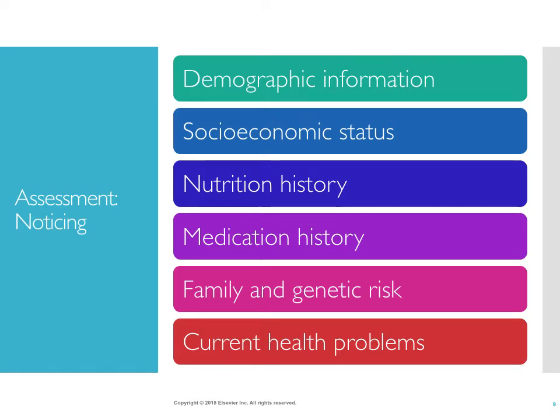We want to look at their medication history. You already know that there's medications that are what we call nephrotoxic, where it can cause kidney failure if not caught too soon. We want to look at family and genetic risks. Some families have kidney issues that run back generation after generation after generation.